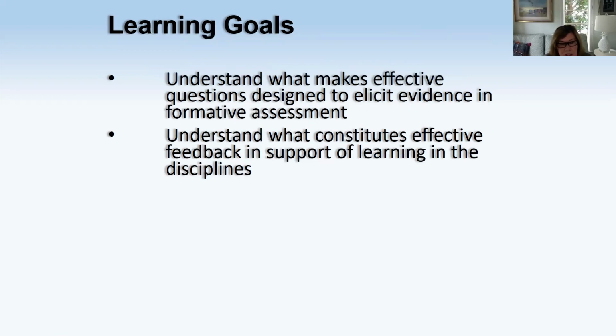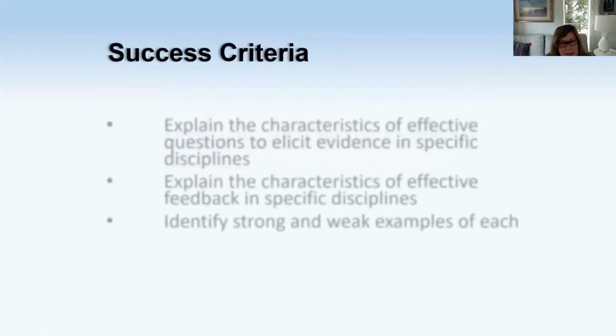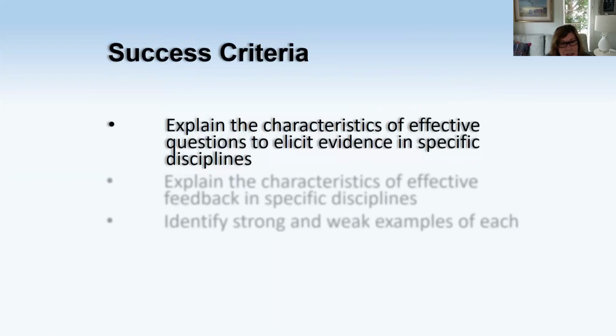And then secondly, to understand what constitutes effective feedback in support of learning in the disciplines. So again, focusing on the kind of feedback that's going to support students to take steps to meet the learning goals and criteria.